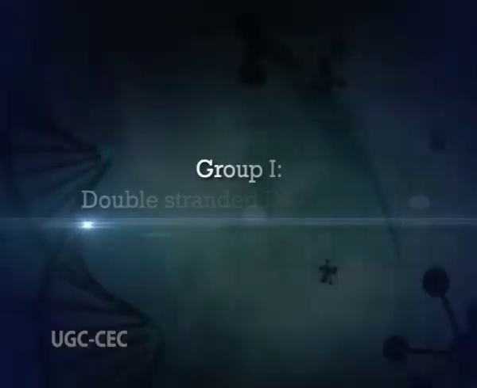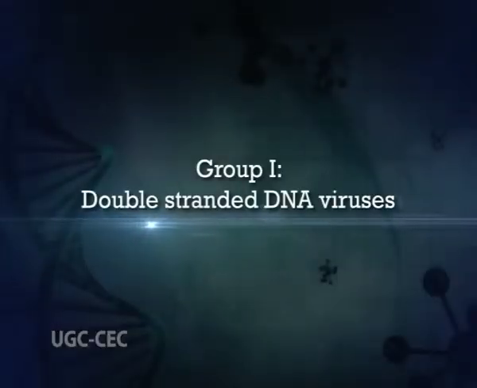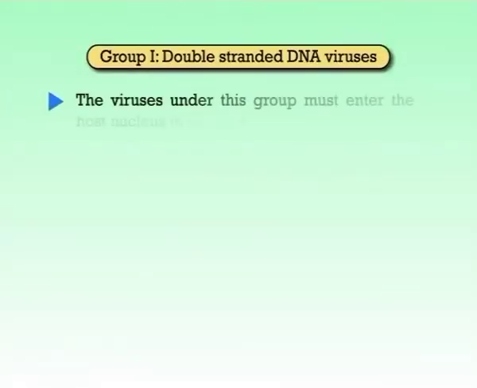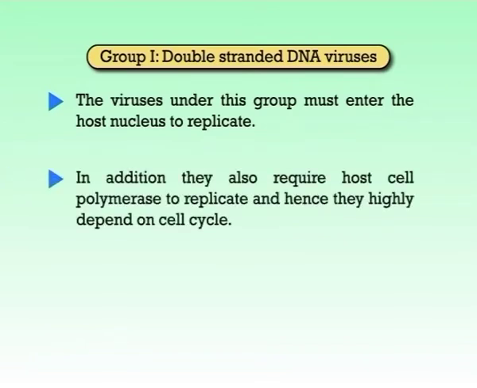So now we'll see first Group 1, that is the double-stranded DNA viruses. The viruses under this group must enter the host nucleus to replicate. In addition, they also require host cell polymerase to replicate, and hence they highly depend on the cell cycle.